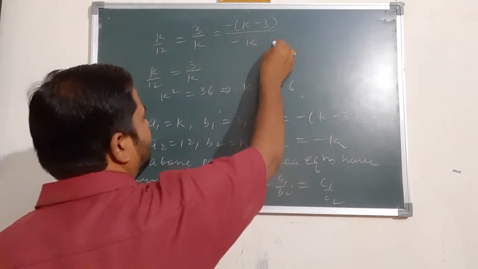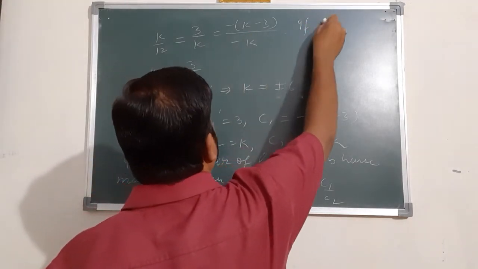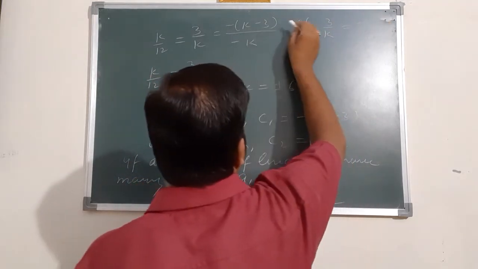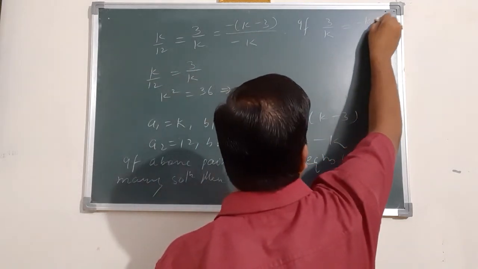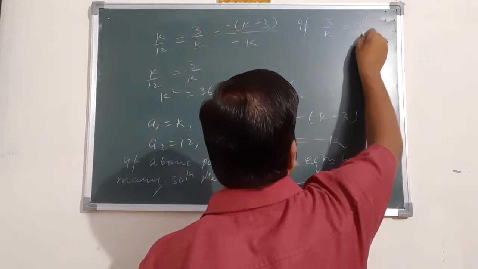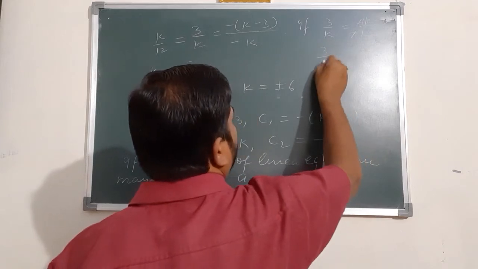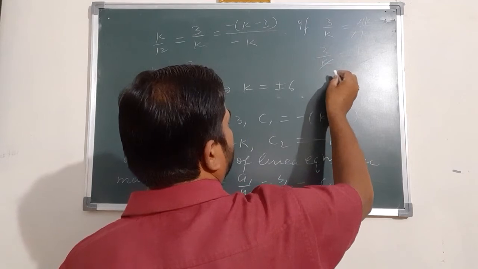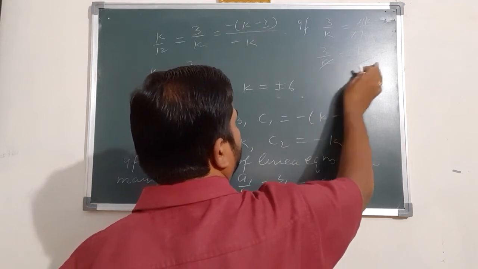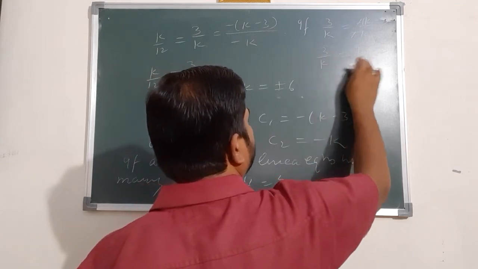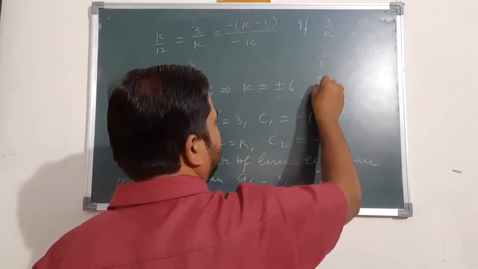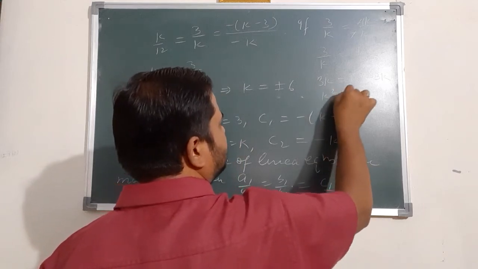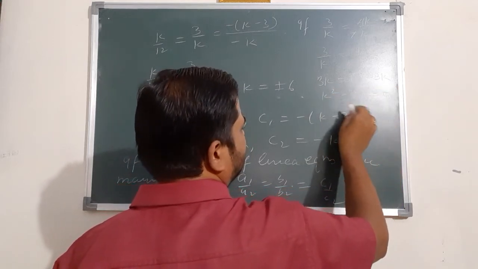And also 3 upon k is equal to (k minus 3) upon k, k cancelled out, and cross multiply: 3k is equal to k square minus 3k, so k square minus 6k is equal to 0.